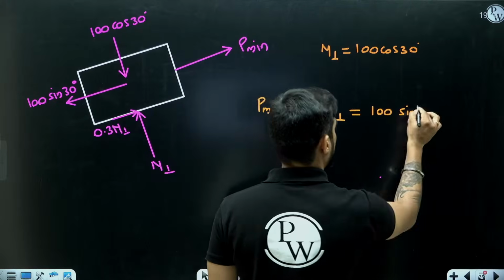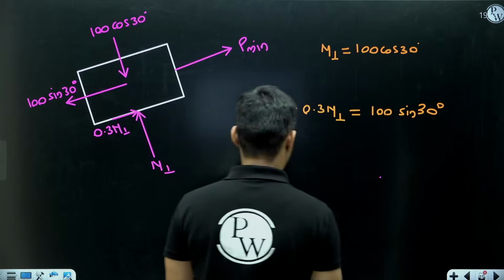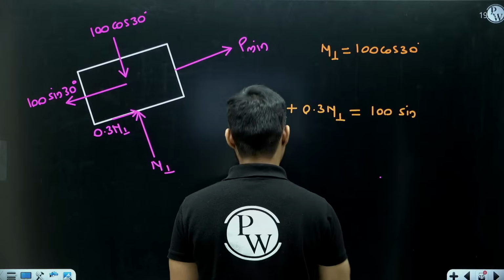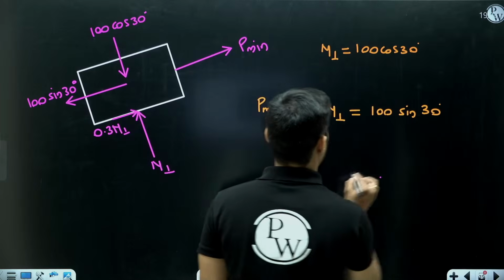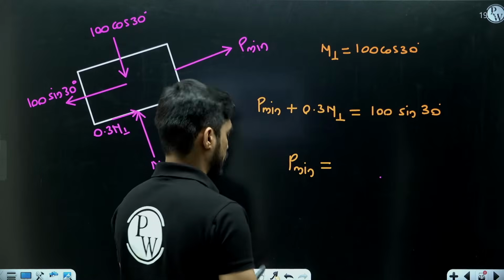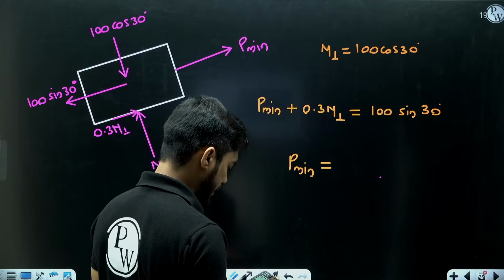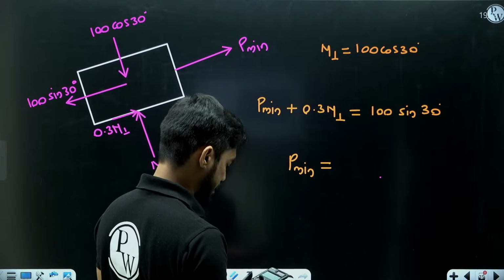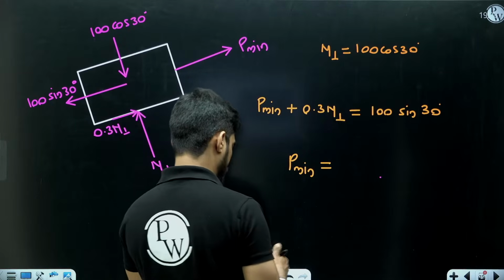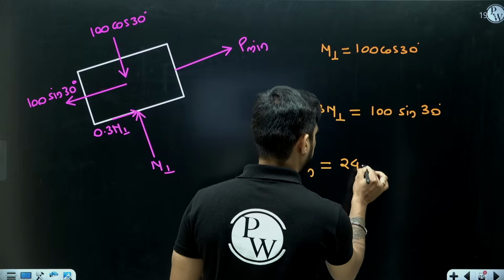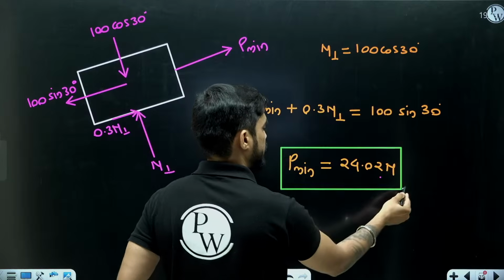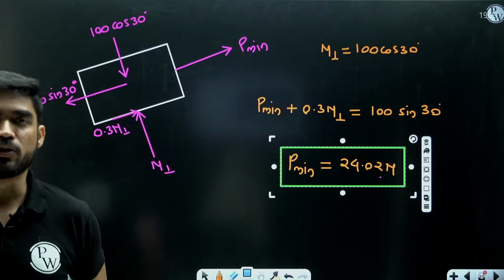So from here, I will get the value of P minimum. So what is P minimum, beta? 100 sin 30 minus 0.3 into 100 cos 30. So I am getting 24.02 Newton. P minimum is 24.02 Newton.